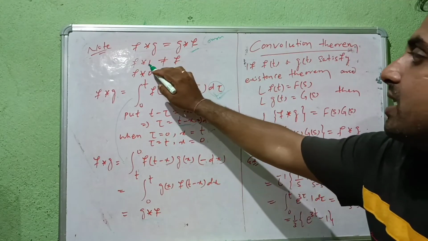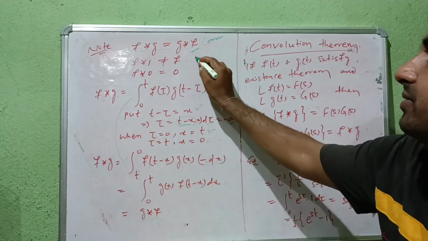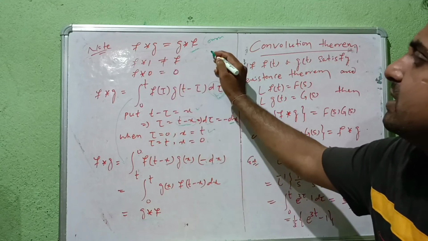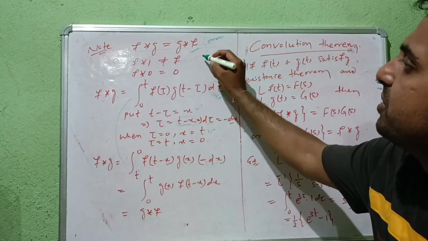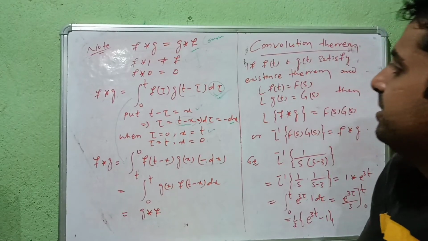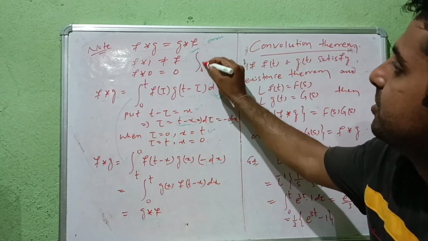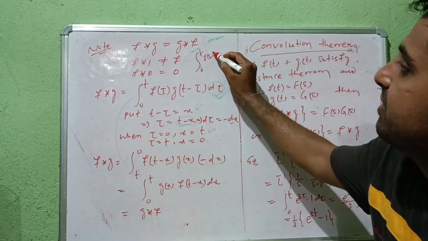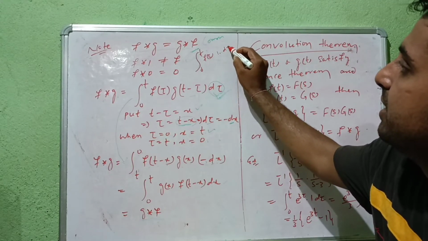Now second, f star 1 is not equal to f. Is it equal? No, because by definition f star 1 will be the integral from 0 to t of f of tau and g of t minus tau, which is 1, d tau.